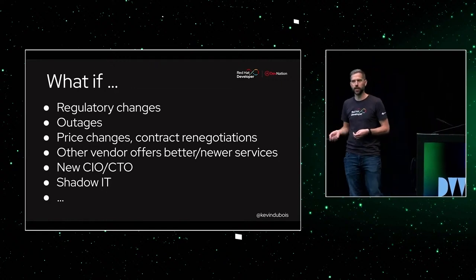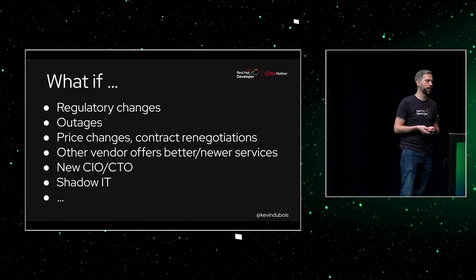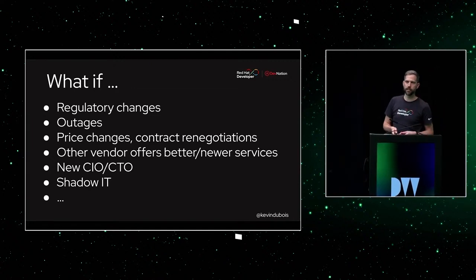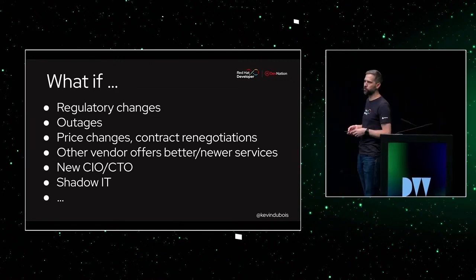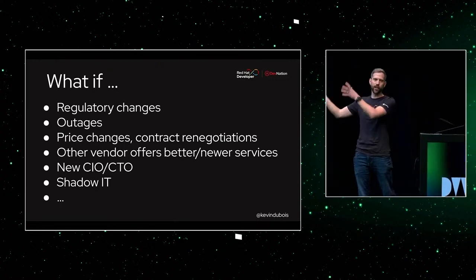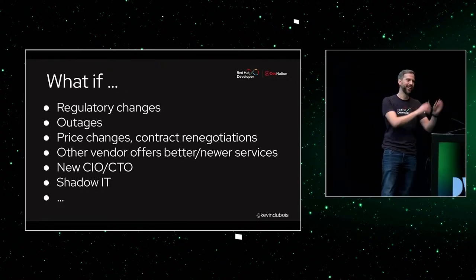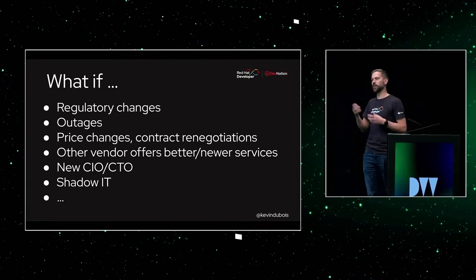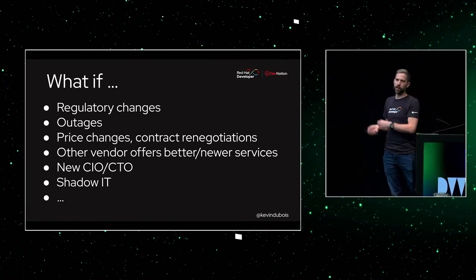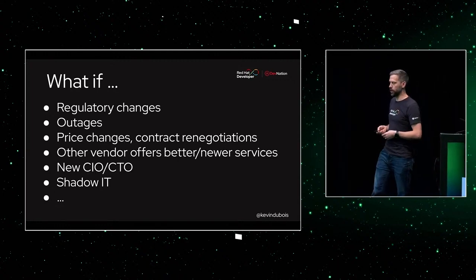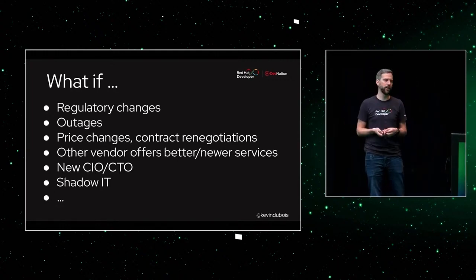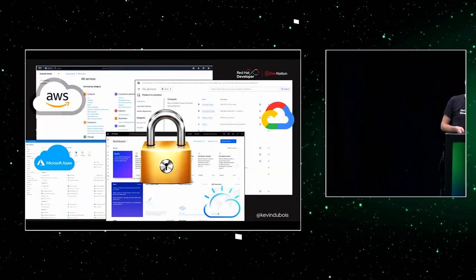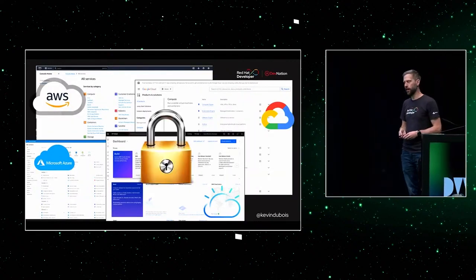It does happen, an AWS outage or Azure outage. How do you defend against that? What if they raise their prices, or a new CTO or CIO comes on board and plays golf with the people from another cloud provider? There are many reasons why you're happy with one cloud provider now, but maybe in the future you're not anymore. And then you're stuck. You're locked in.